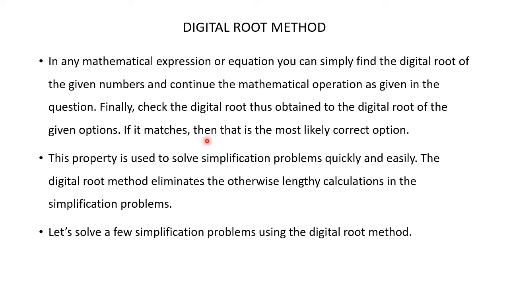If it matches, then that is the most likely correct option. This property is used to solve simplification problems quickly and easily. The digital root method eliminates the otherwise lengthy calculations in the simplification problems. Let's solve a few simplification problems using the digital root method so that you can be perfect with the concept.